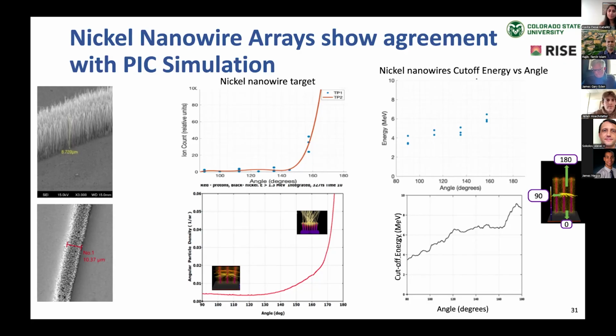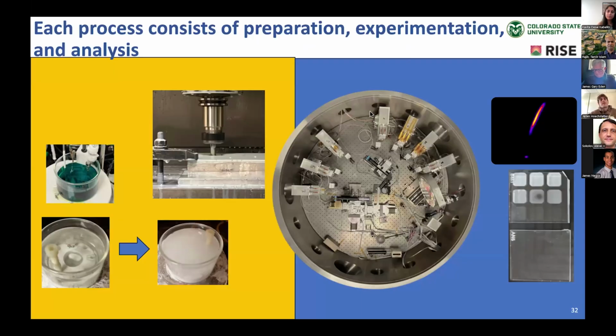So yeah, at Colorado State, each process that we do here consists of preparation, experimentation, and analysis. We make all of our samples in-house. Here's a picture of electroplating or dissolving. We also do a lot of machining. We machine all these electron spectrometers or ion spectrometers, as well as a lot of the parts for the target.